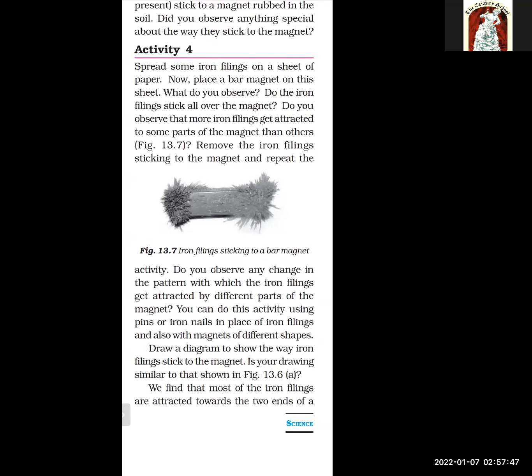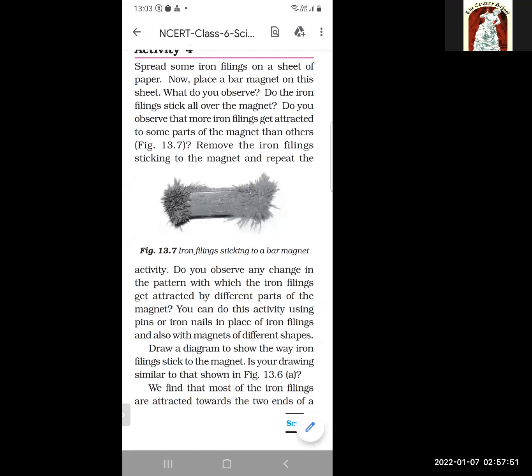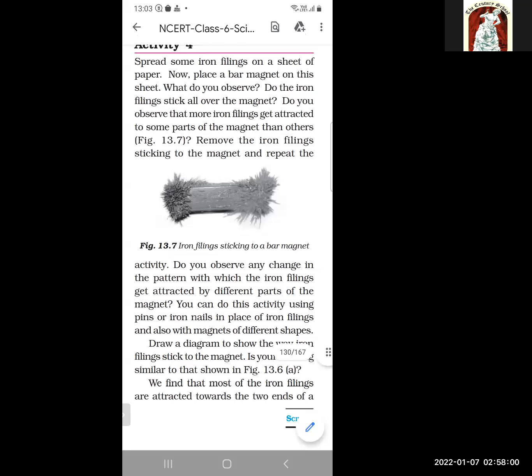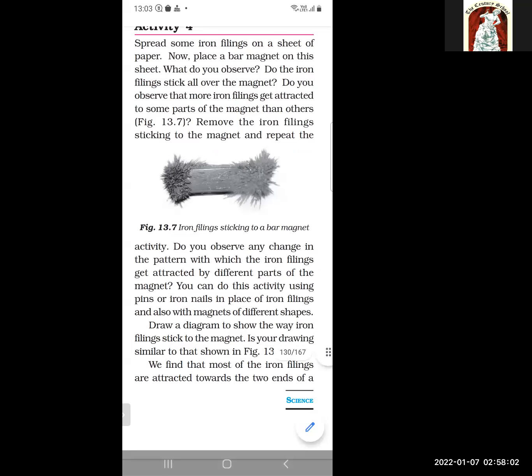On the sheet of paper, we will put some iron filings, and these iron filings collect at the end as shown in the figure. So where did it collect? At the ends. And what are the ends? North end and south end.